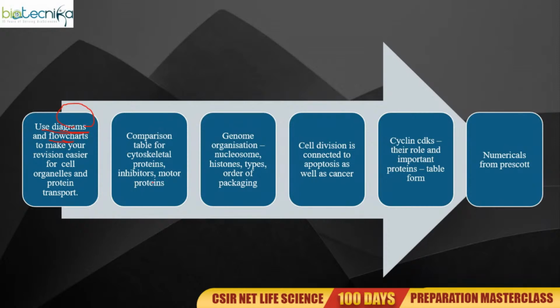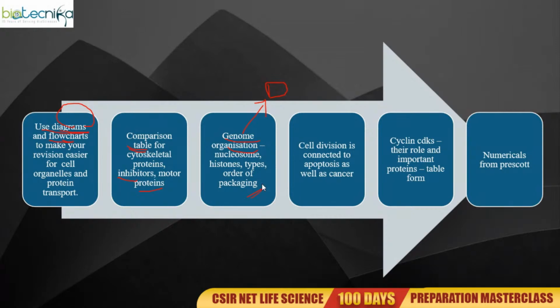When it comes to cytoskeletal proteins, inhibitors, and related motor proteins, you can use a comparison table. For genome organization, again, diagrams are recommended, because when you make diagrams you will understand the different orders of packaging, the first order, second order, third order and so on.